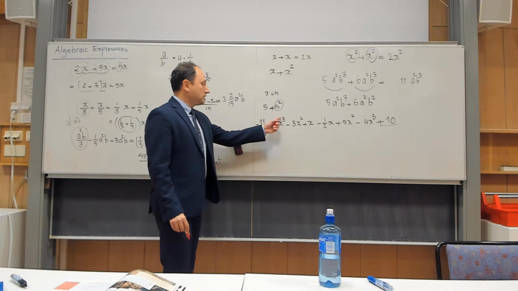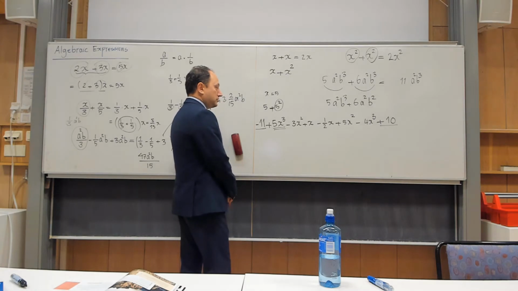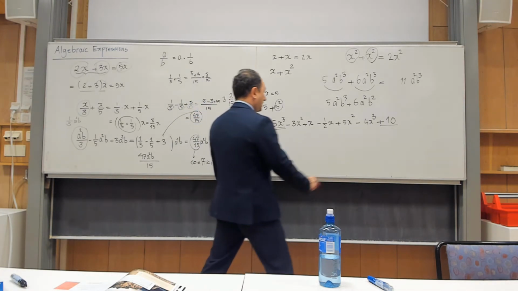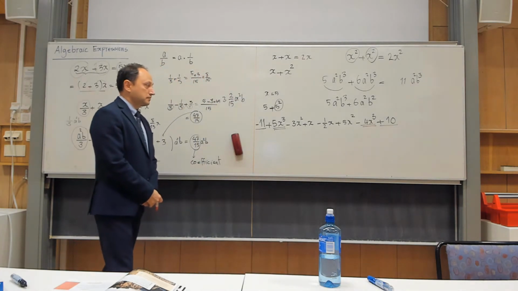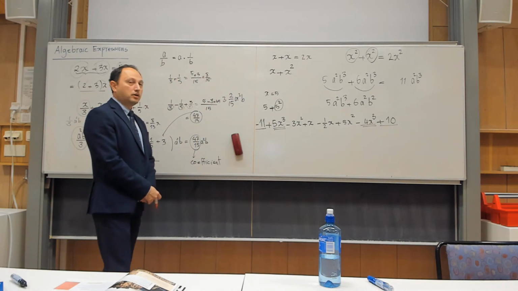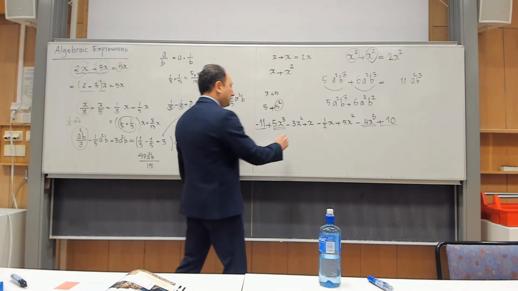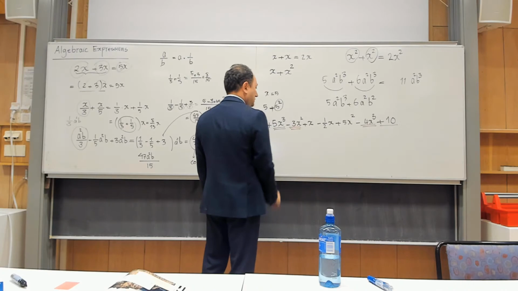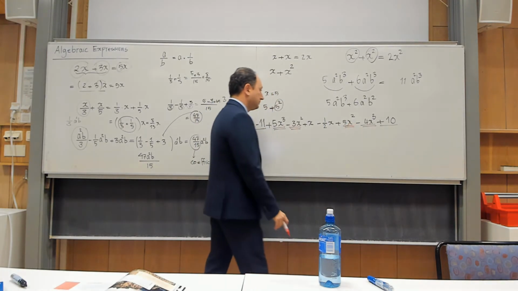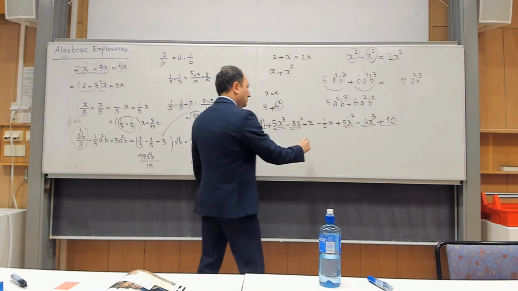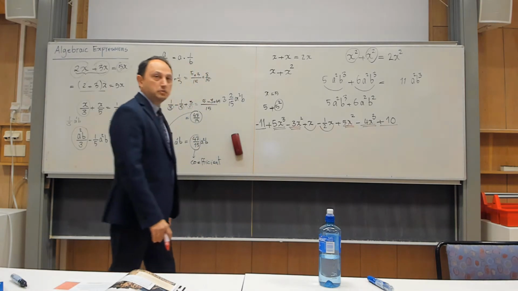But 5x cubed, let me just underline it with 2 small lines, and this one are similar, because the letter part is x cubed exactly. But this one and this one are also similar. And then finally, hopefully you agree with me that this one and that one are also similar.